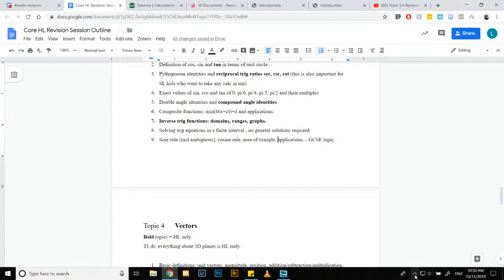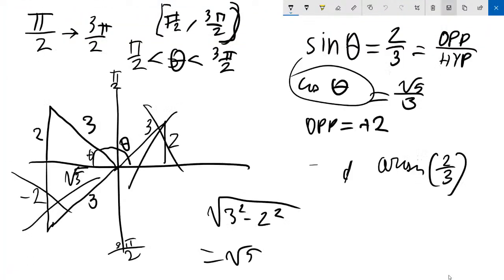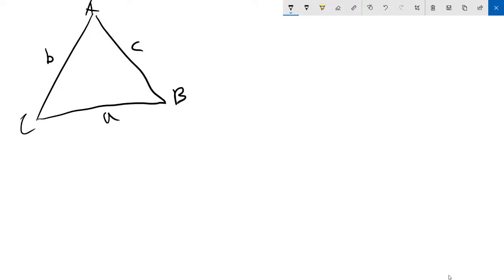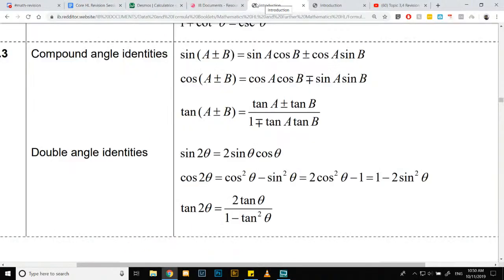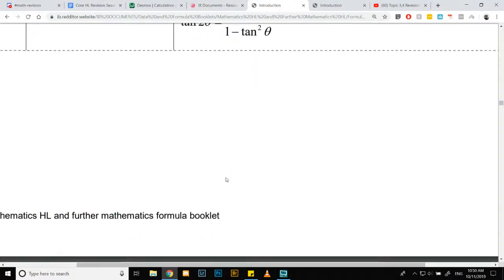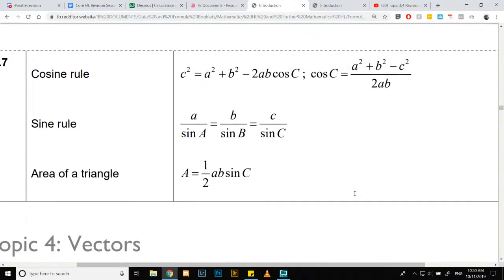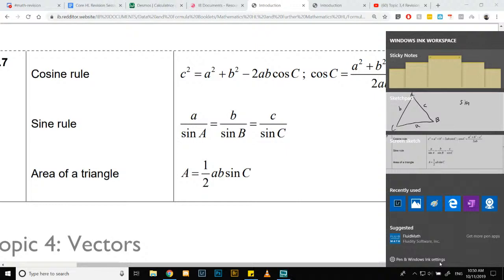So, the sine rule. The sine rule states that for any triangle, we have sides A, B, C, and the opposite angles A, B, C. I'm just going to check how it's written in your formula booklet, because I'd rather write it exactly how it is in the formula booklet, rather than my way.